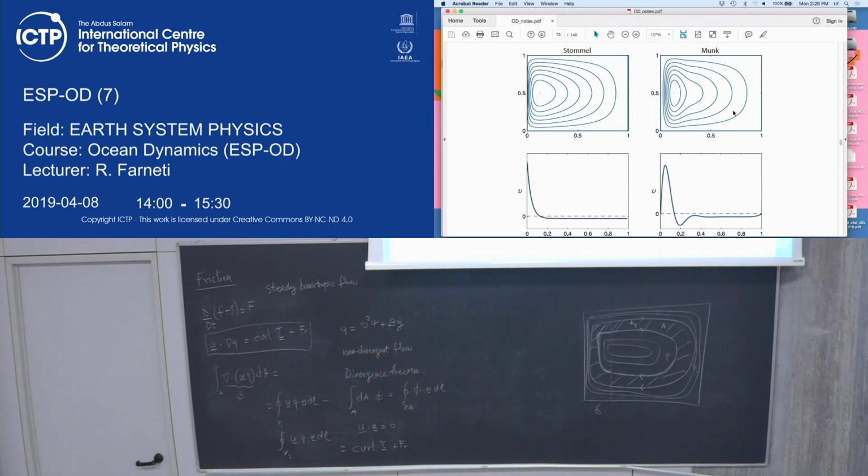Okay? This is not reality, it's given these assumptions. And now that you see a numerical solution of the Stommel and the Munk problem, you know exactly where the frictional boundary layer finishes. Okay? Is where the last of the smallest streamline closes.